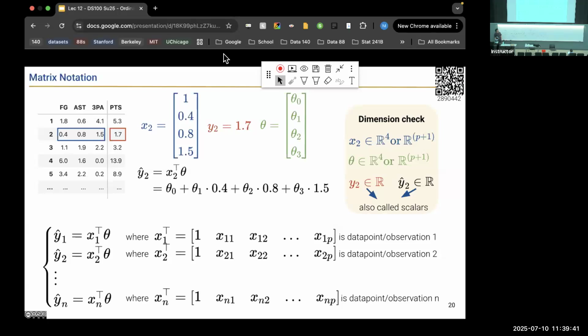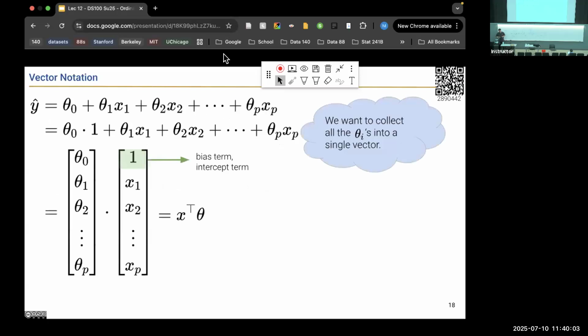Before we write out our final aggregation of these data points, any questions on what I've talked about so far? Yes. The 1 comes from this: I want my theta naught to be in that theta vector as well.